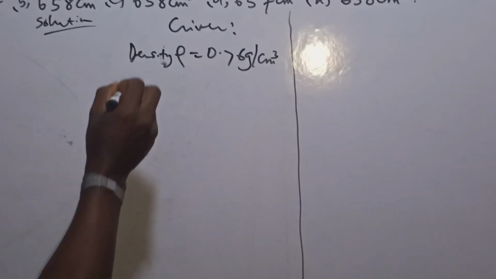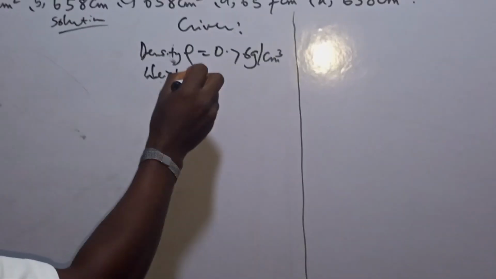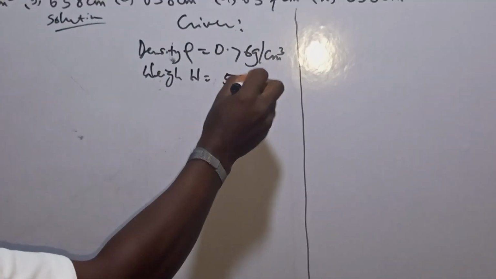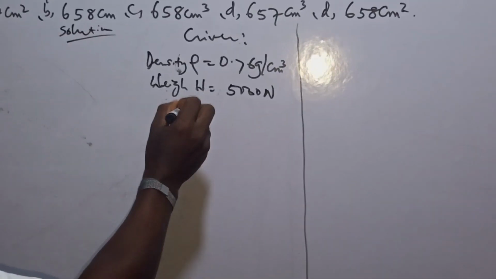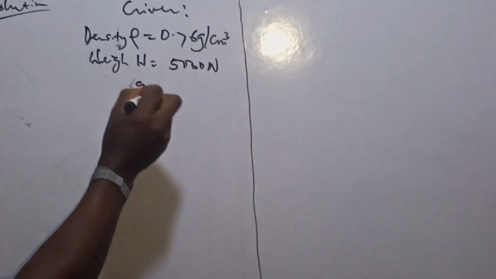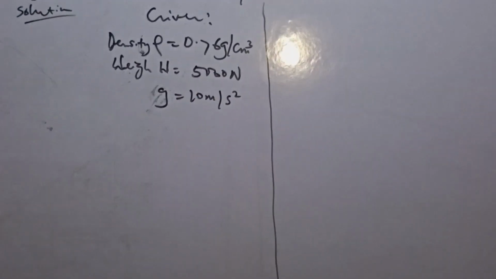We also have the weight W to be 5,000 Newton rather. Acceleration due to gravity g to be 10 meter per second square.